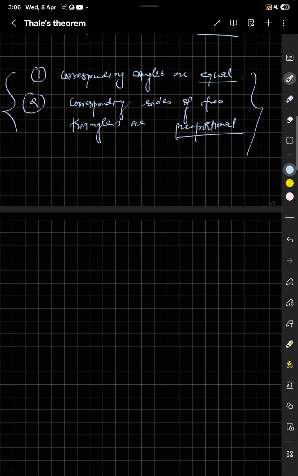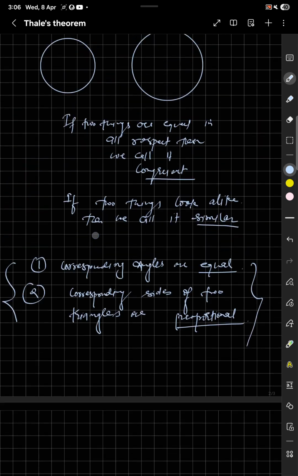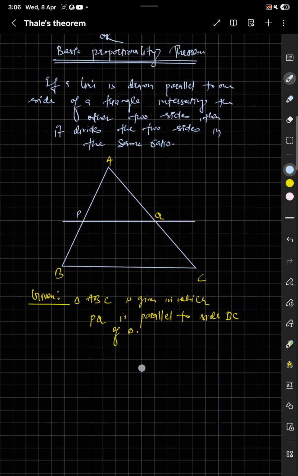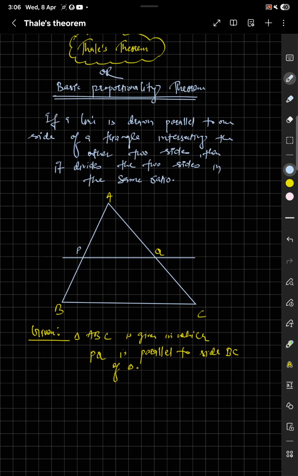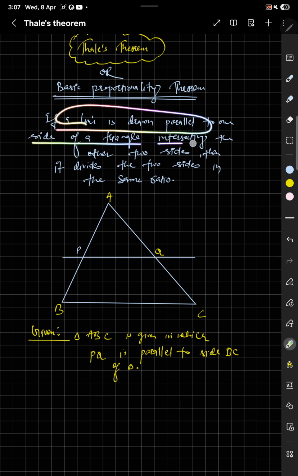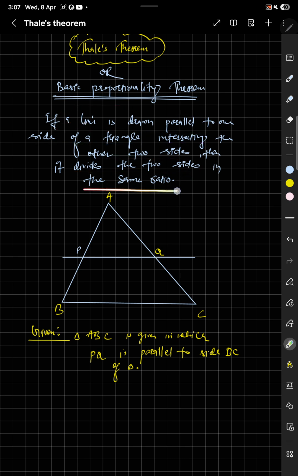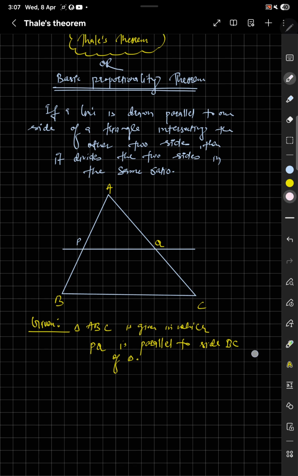Based upon that, a basic proportionality theorem or Thales theorem is developed. What does this theorem say? If a line is drawn parallel to one side of a triangle intersecting the other two sides of the triangle, it divides the sides in the same ratio. So let's prove this.